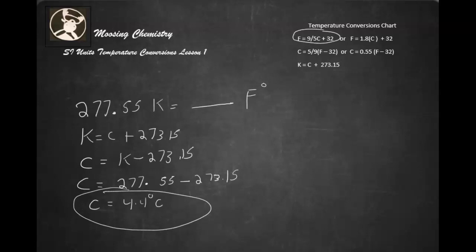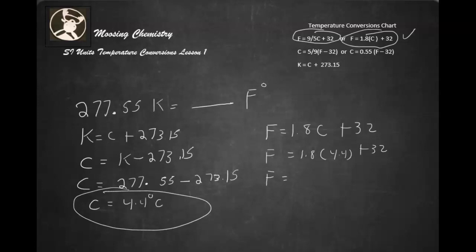Now that I have this number, I can plug it into either this one or this one. And I'm going to go ahead and use this one. So F equals 1.8 C plus 32. So F is equal to 1.8 times 4.4 plus 32.